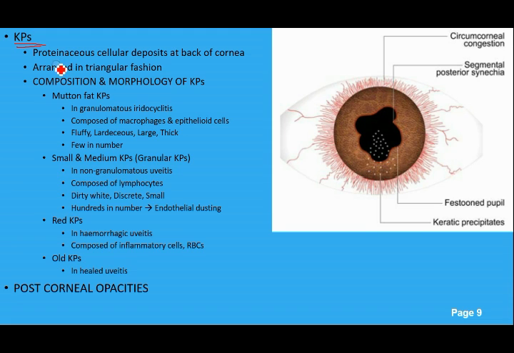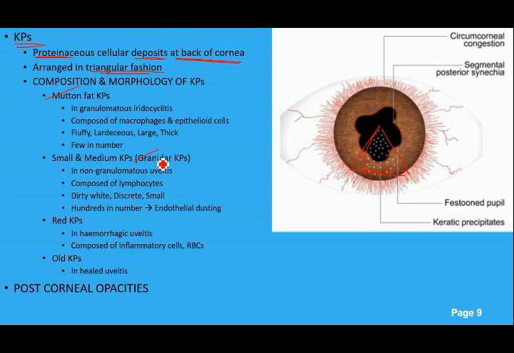Now, the KPs, what are they? Keratic precipitates are basically proteins that are normally deposited behind the cornea, in a triangular fashion. Now there are a few types of keratic precipitates, not just one type. Mutton fat keratic precipitate.